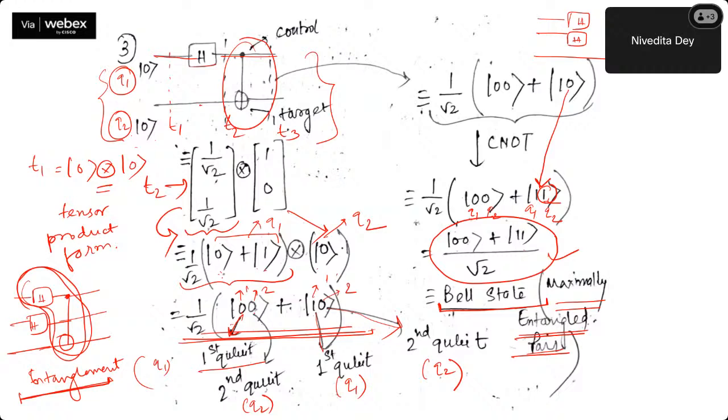I do not necessarily need to always apply a CNOT gate. I can also apply a simple NOT gate. After this, on Q2, if I apply a NOT gate, then my 0 will become 1 and 1 will become 0 on the second qubit. Yes, exactly.